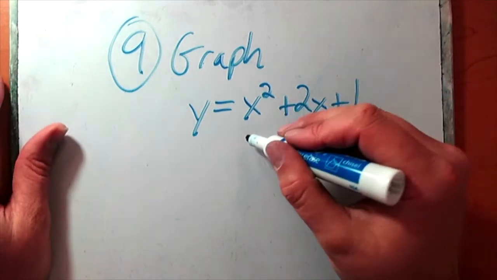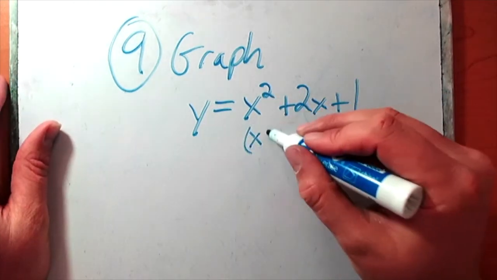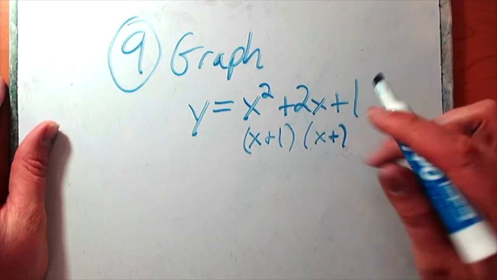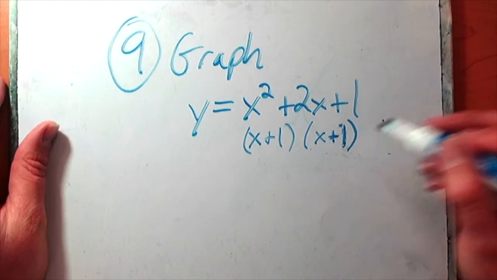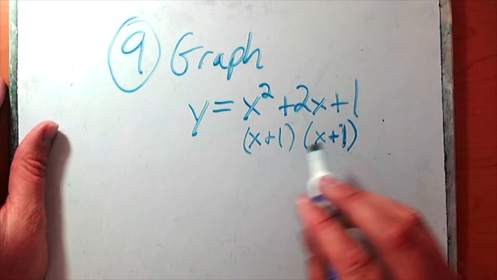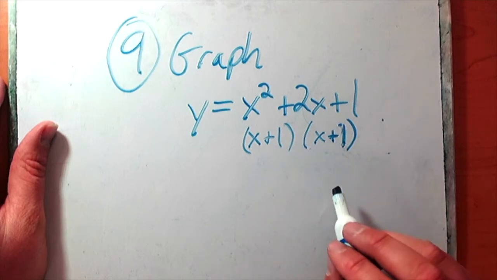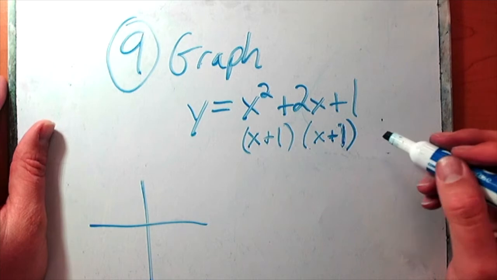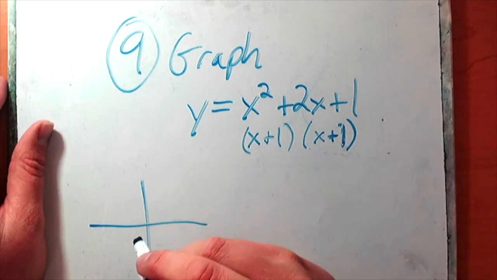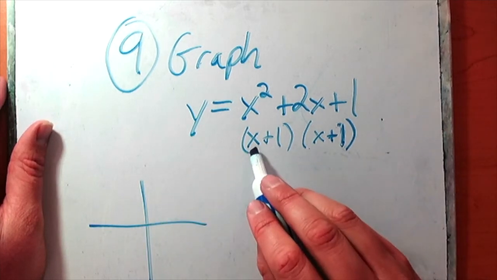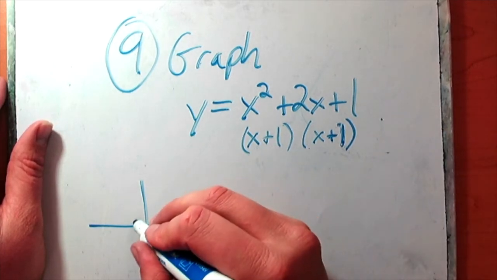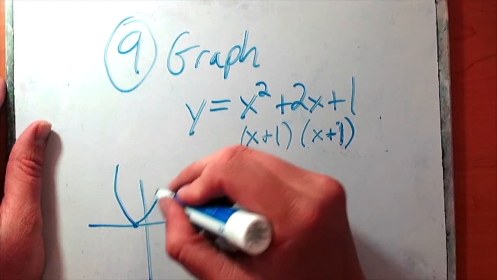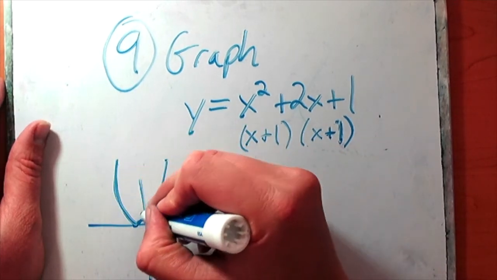So for example, if I'm able to factor this into x plus 1 times x plus 1, you might remember from last year that these are the zeros, meaning that when I graph this, when x equals negative 1, this points up. And so this is basically my graph.